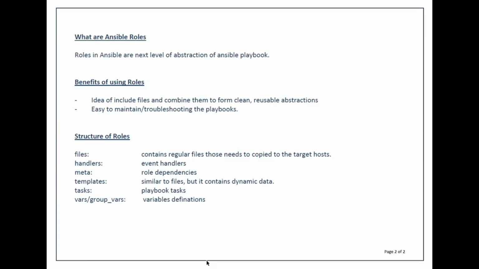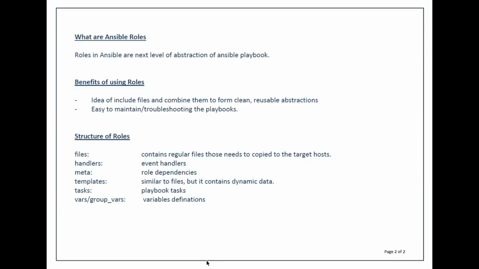Structure of roles. When you create a role, it has a directory structure. Files contains regular files that need to be copied to target servers. Handlers are basically event handling. Event handling means, let's say you've got one task. Once that task is finished successfully, it will call that handler, or it will perform some action depending upon your configuration.